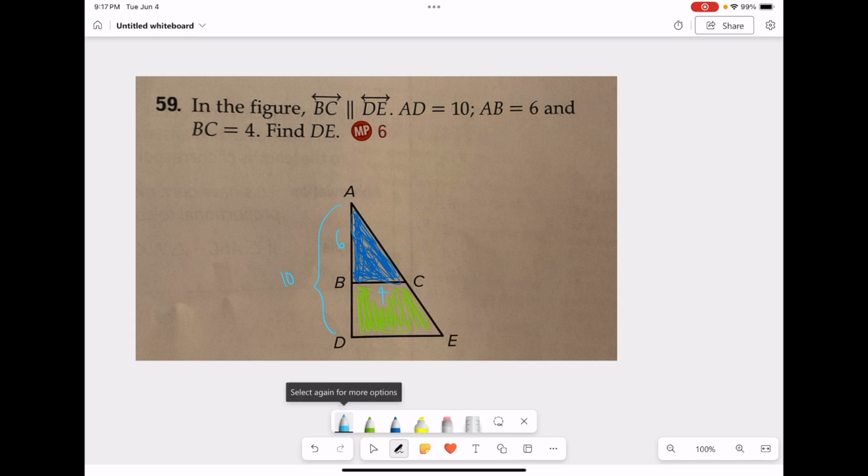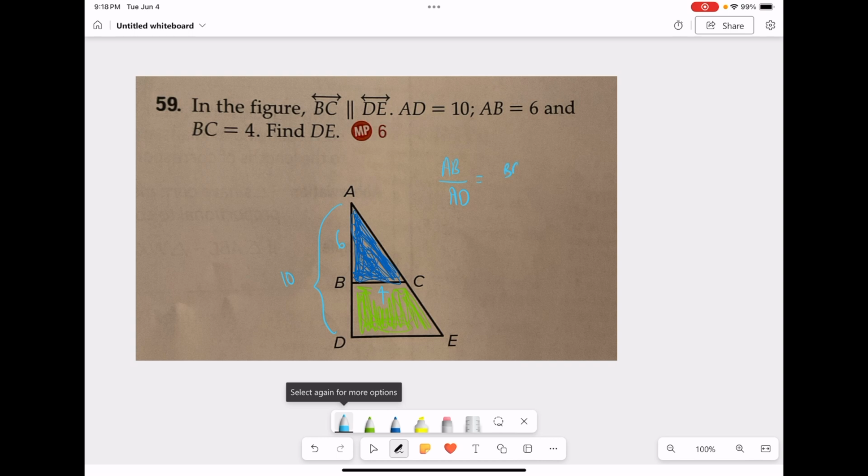First things first, we look at the values that we have. AB, and one that is proportionate to AB would be AD. And AD we know is going to be 10, but we'll keep it AD just to see what sides are proportional to each other.